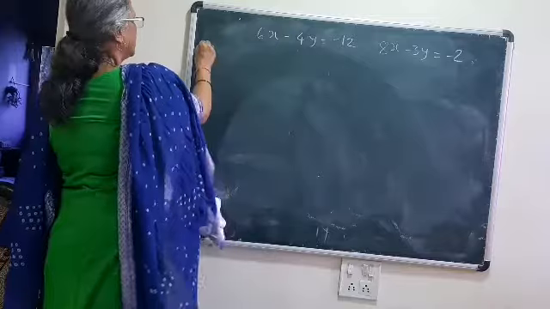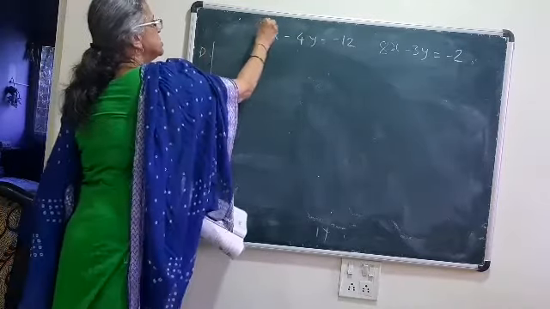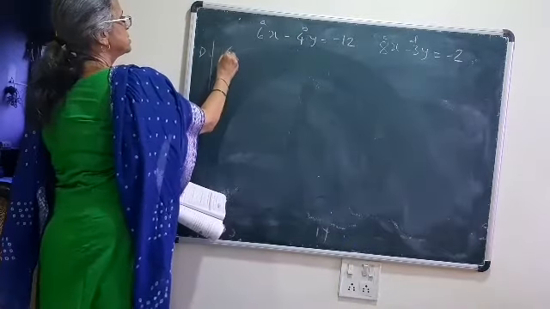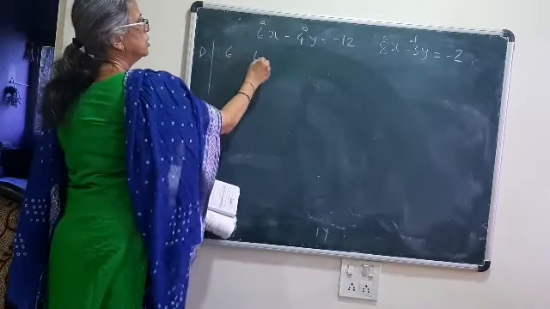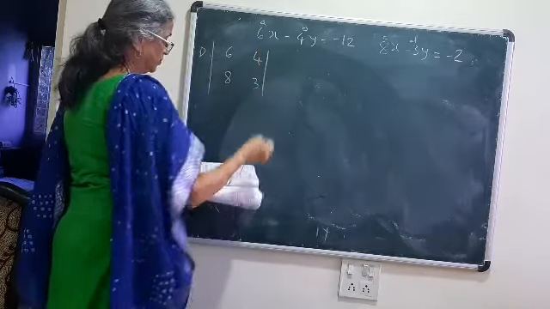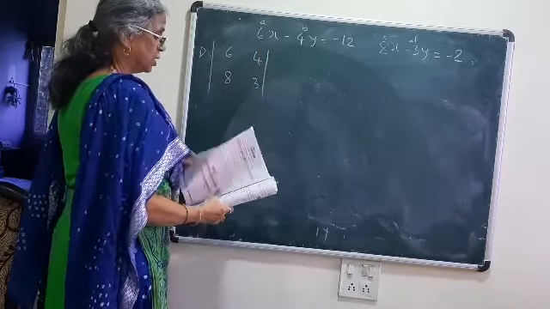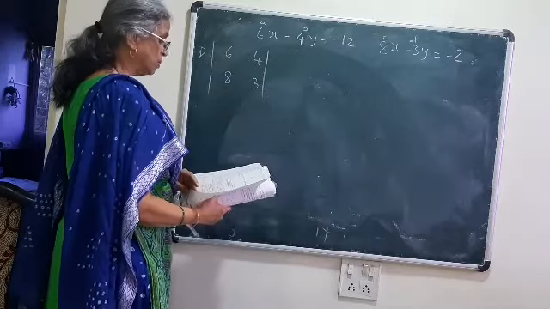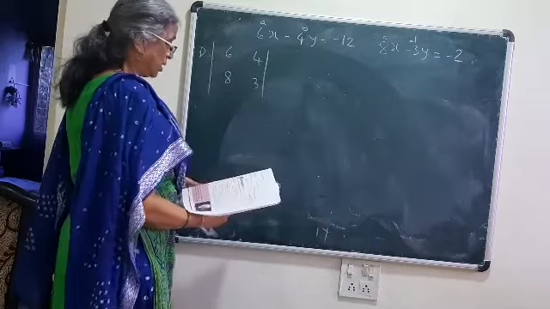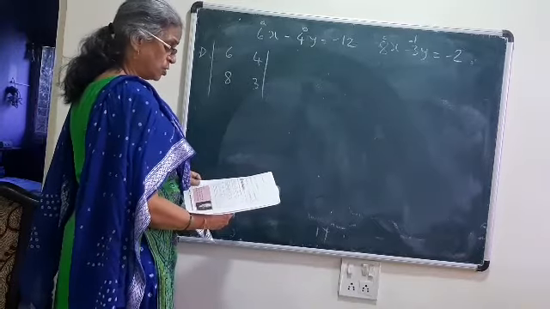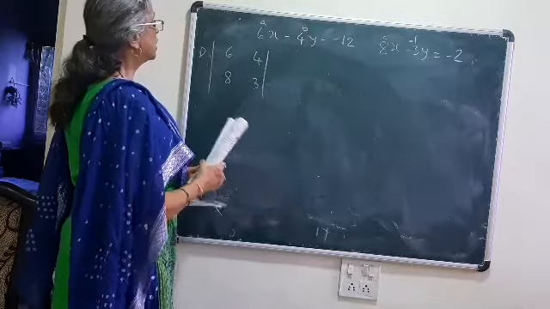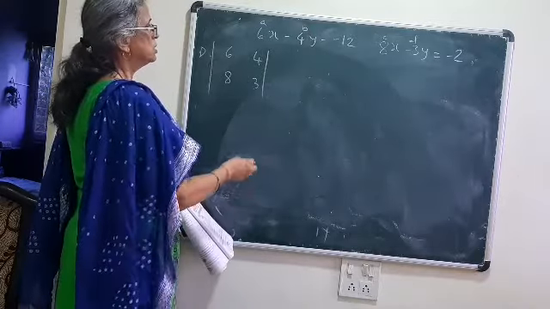So we are going to write D directly by considering A, B, C, D. So A is 6, B is minus 4, C is 8 and D is minus 3. So you have to remember how to write the A, B, C, D sequence. First A, then you write B horizontally, then write C and D again horizontally, one below each other.